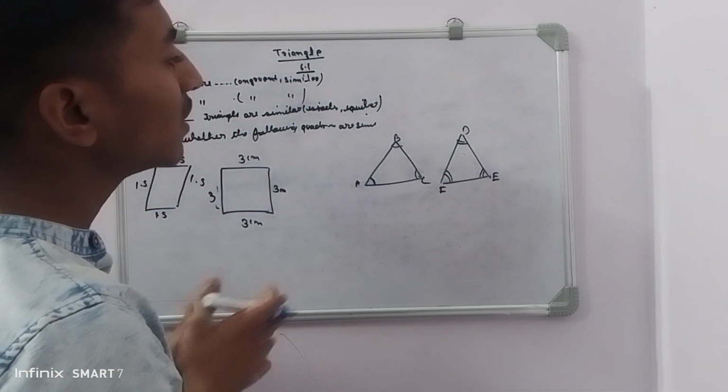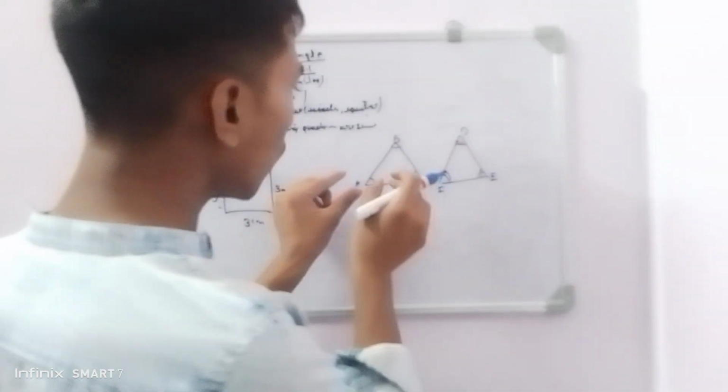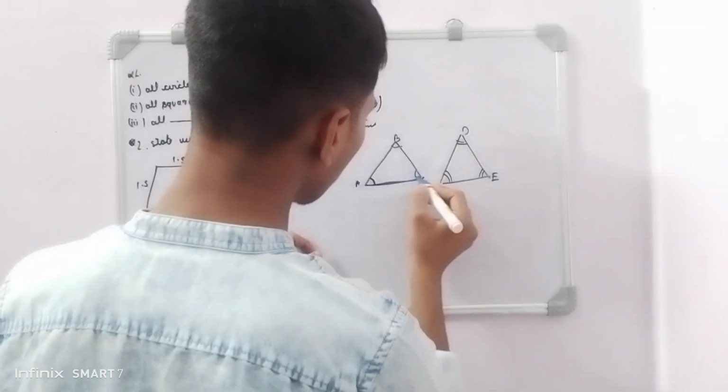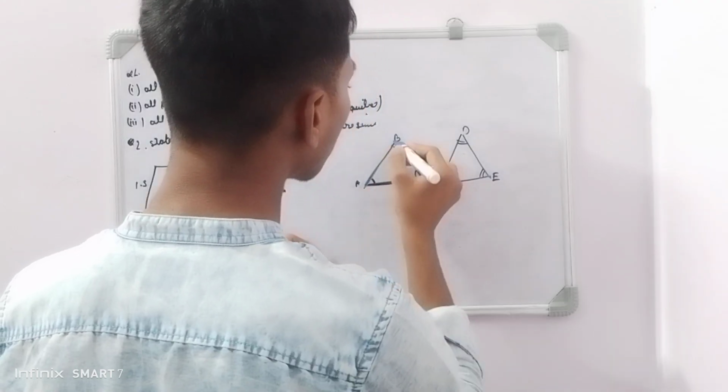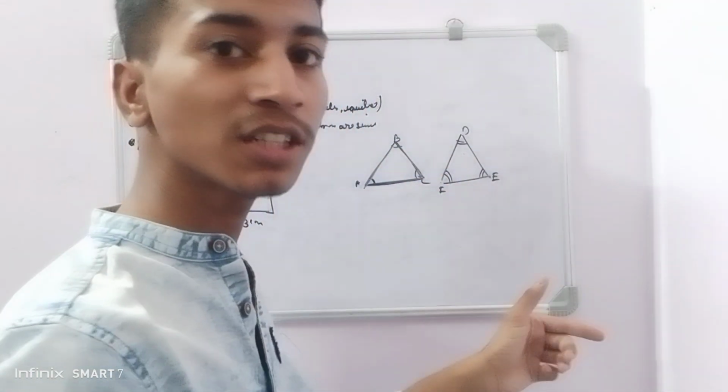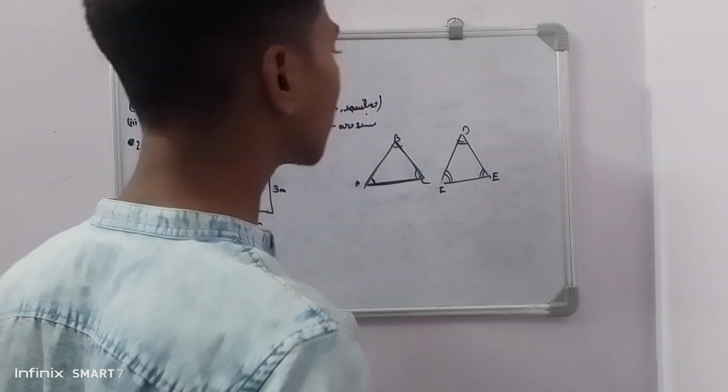So in this you have to remember that if all the angles are 60, then all equilateral triangles are similar to each other, because all of their angles are 60.